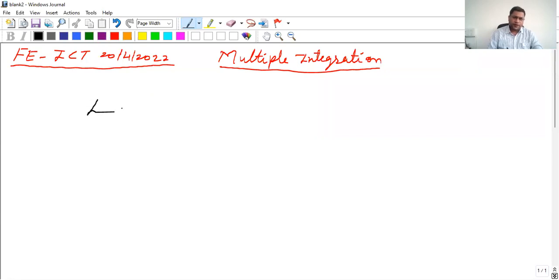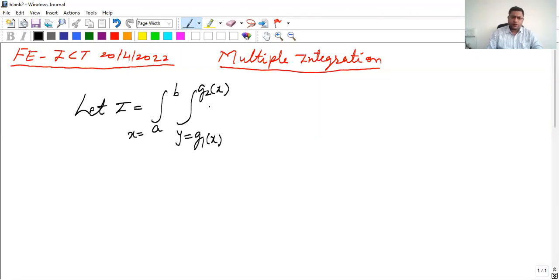So let I be equal to the integral from a to b, of the integral from g1 of x to g2 of x, where we consider these limits for x and for y, of a function of x and y, and we integrate this with respect to dy dx.